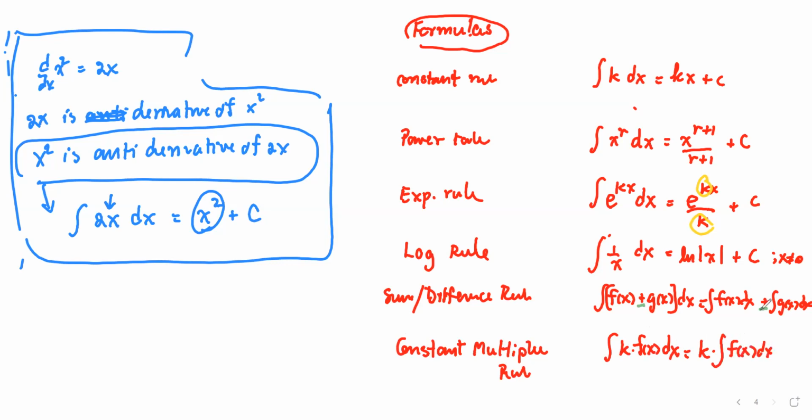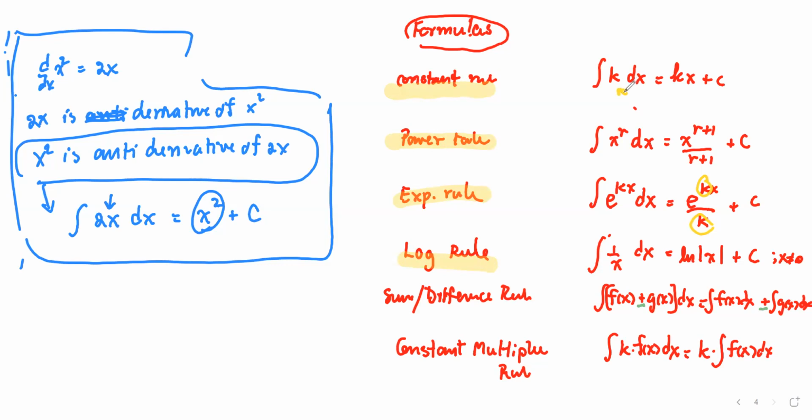So for the sum, difference rule and constant multiple rule, there's nothing much that you have to worry about in the formula, but the ones that you have to recognize from now on are the constant rule, the power rule, the exponential rule, and the log rule. I tend to use different colors. And what does it mean for the rules here? Again, you have to think backwards. How do you think backwards?